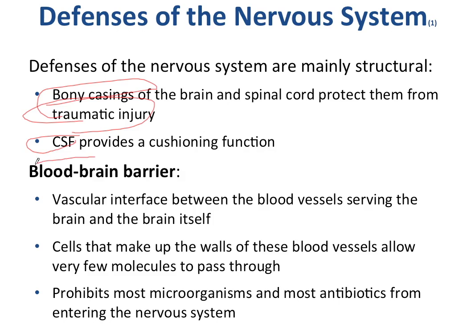So, however, the third most important protection is the blood-brain barrier. So the nervous system actually is interweaved with tons of capillaries because, for example, the brain consumes 5% of the oxygen and nutrients of our body.